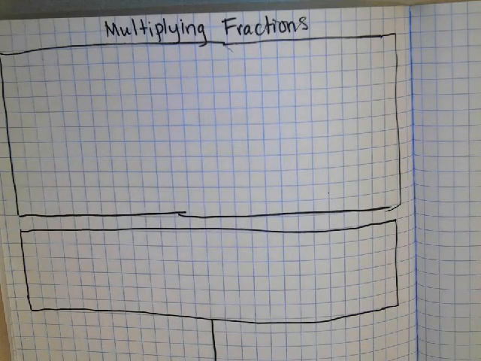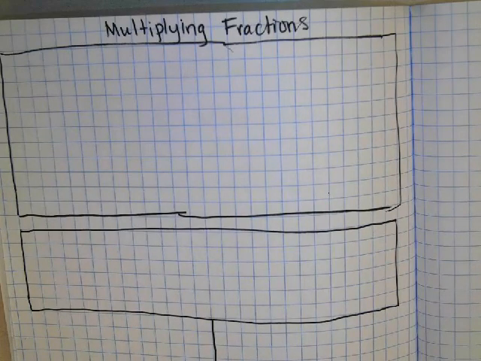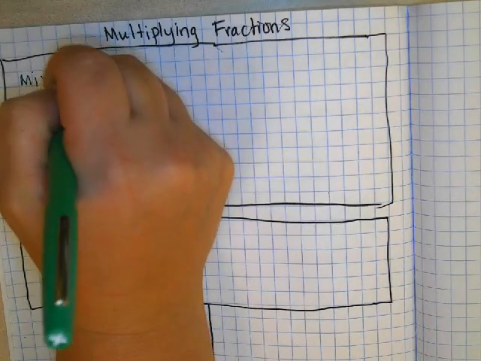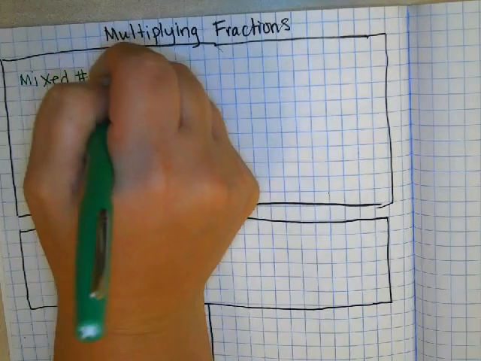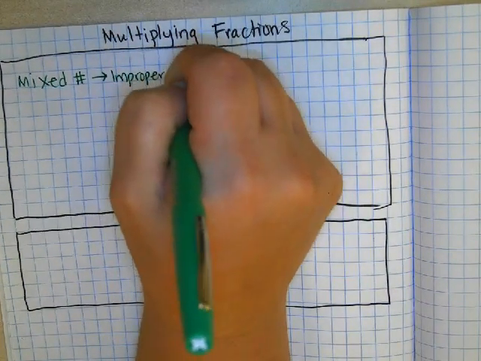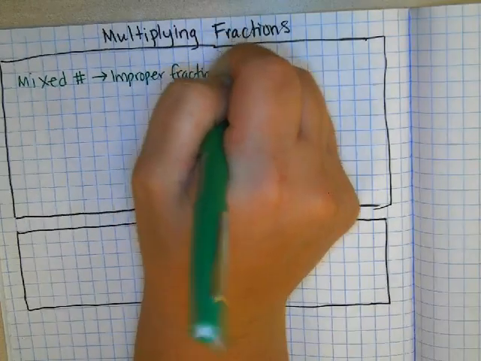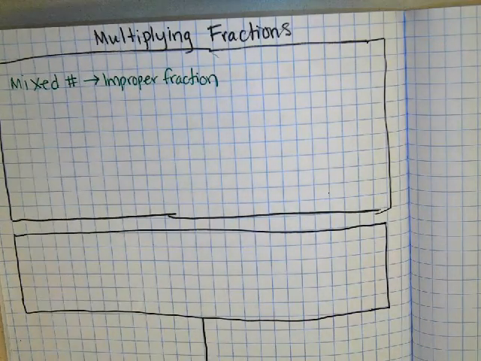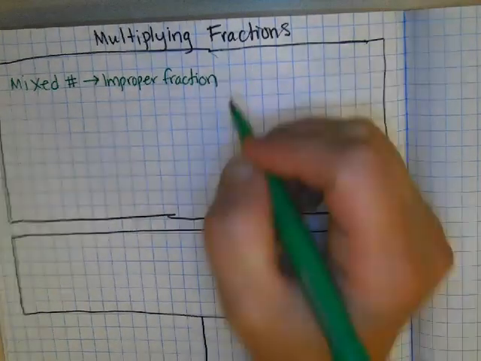So before we can even know how to multiply or divide fractions, we must remember how to change a mixed number to an improper fraction. So we reviewed this in your How to Enter Answers in Canvas video, but we're going to review this right now as well.